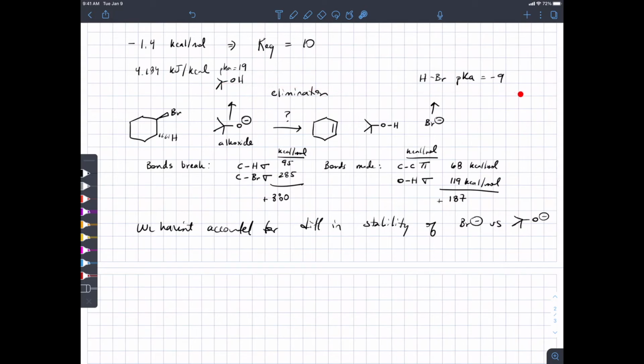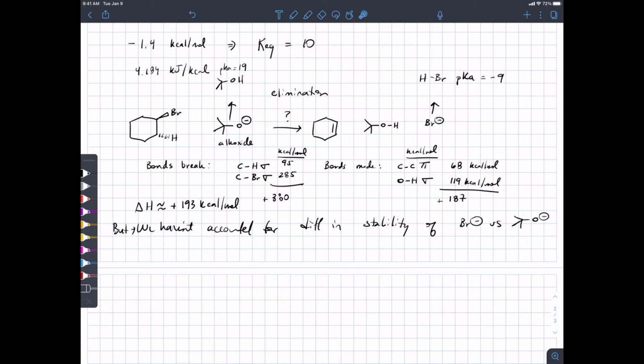And so that's enough to overwhelm the fact that in terms of bond stabilities, this is uphill. So if we take 380 minus 187, we would be tempted to conclude that delta H is like plus 193 kilocalories per mole. But we haven't accounted for the difference in stability of the alkoxide versus the bromide, and that's such a huge difference.